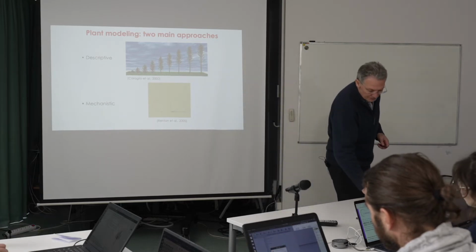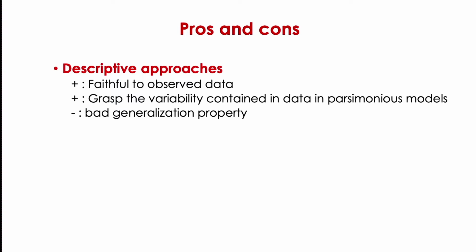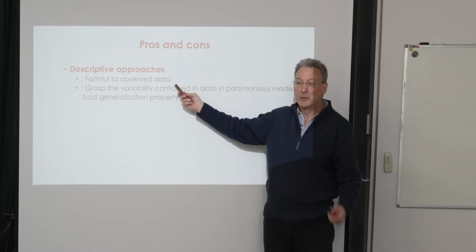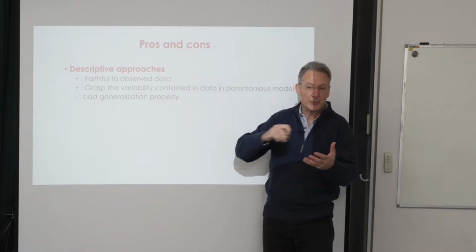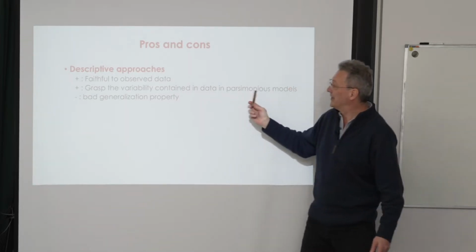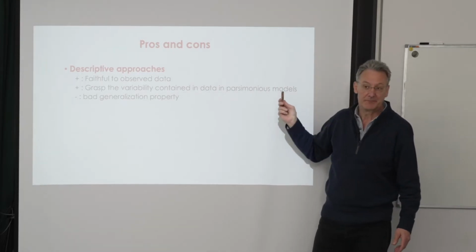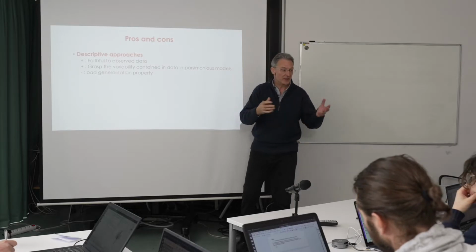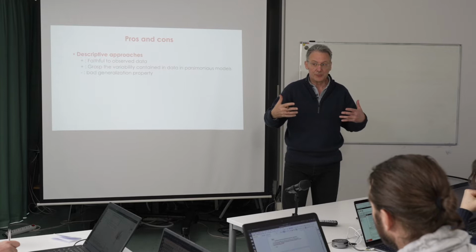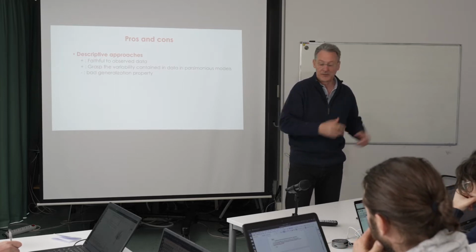Let me give you a few elements about the pros and the cons of these two approaches. At some point, it's difficult to join these two together, for a very good reason. With the descriptive approach, you will be very faithful to the data. It's like you are a painter and you want to grasp every detail of the plant. So it's very good, and you can grasp the variability contained in the data. If you see different ways the branches occur in nature, you can make the distribution of these branches and then reproduce this distribution.